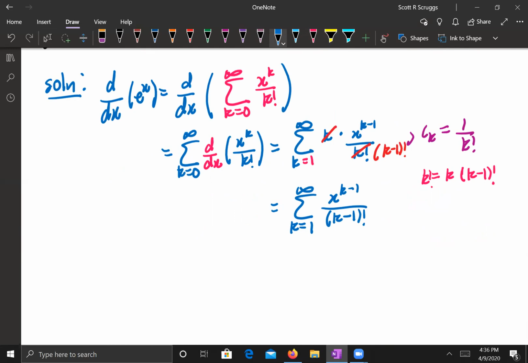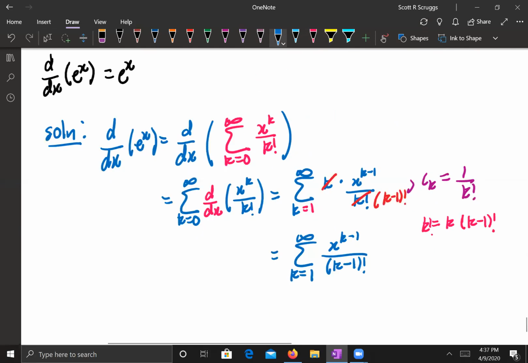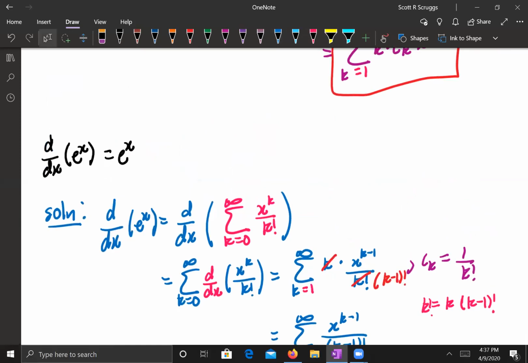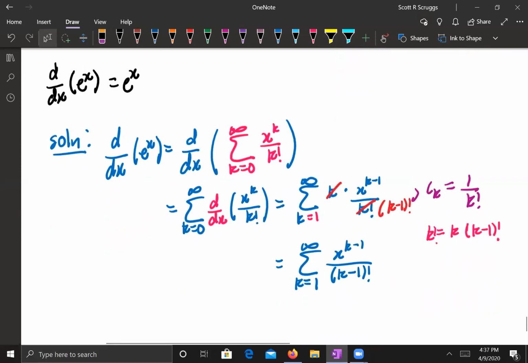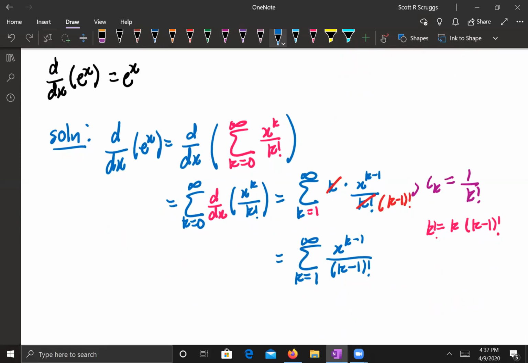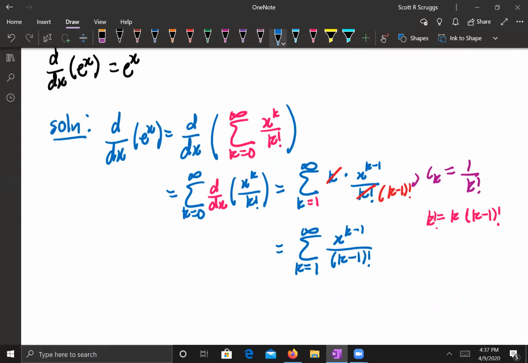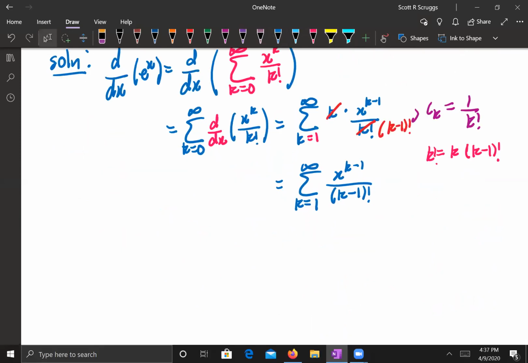So I'm not necessarily done yet because if I want to prove my claim that derivative of e to the x is itself, I want the Maclaurin series of e to the x to pop up, which means my series needs to start at 0 and not at 1, and to fit in that form. And so now how can I force my sum to start at 0? And if you were here a few days ago when I talked about this, y'all know what my game plan is.